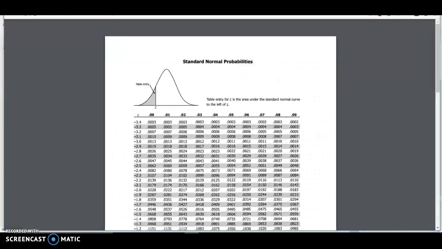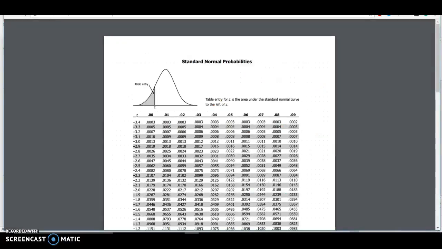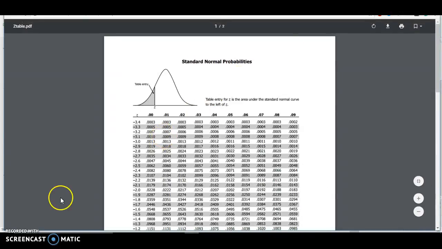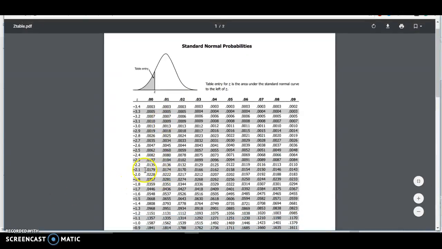Here's how you find the Z critical value. You need to go to the Z table, and unfortunately the Z table only gives you this little tiny portion, and we want 98%, so we don't want to look for 2%. We know that each side is going to have 1%, so when I go to 1%, that's going to be around 2.3. If we want to get real exact, it'd be 2.32 probably, which is right here on the table, that 1% right there.